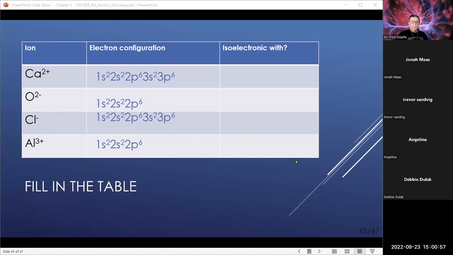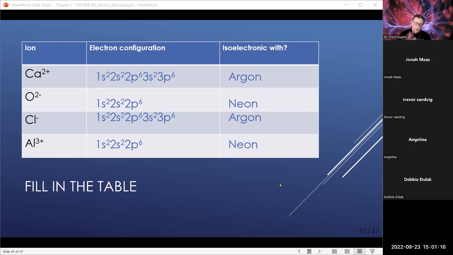Here is the electron configuration for specific types of ions: calcium ion, the oxide, the chloride, and the aluminum ion. Okay, and that just shows you which noble gas they are isoelectronic with.